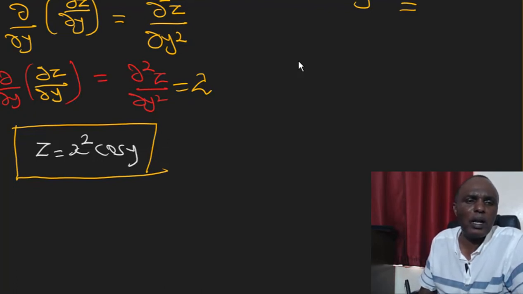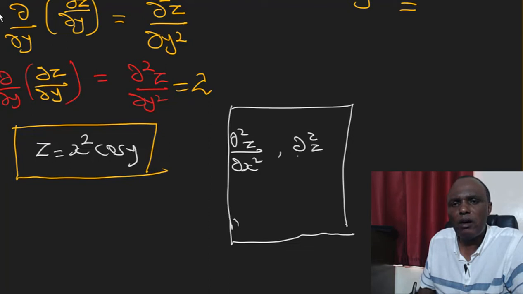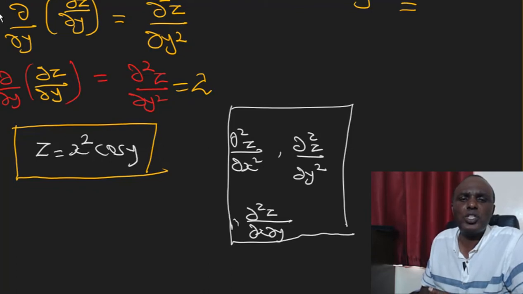And remember, in this problem we are required to get ∂ squared z over ∂x squared, also ∂ squared z over ∂y squared, and the other one is ∂ squared z over ∂x∂y.